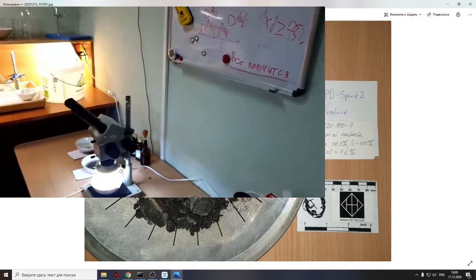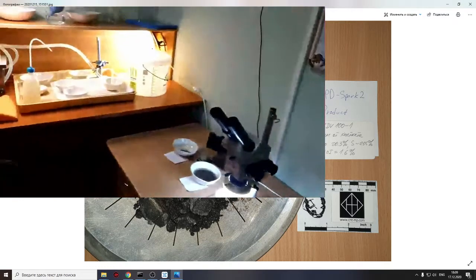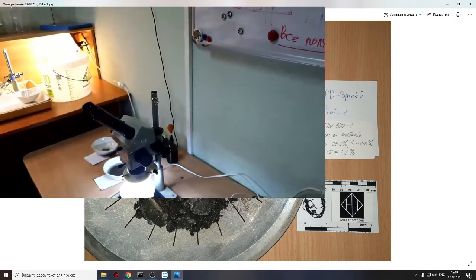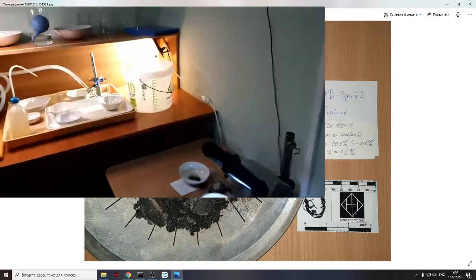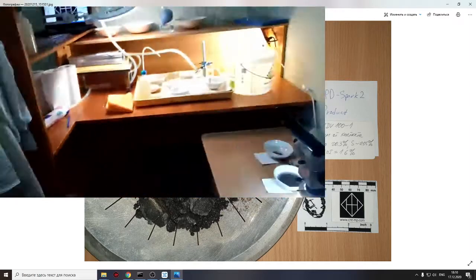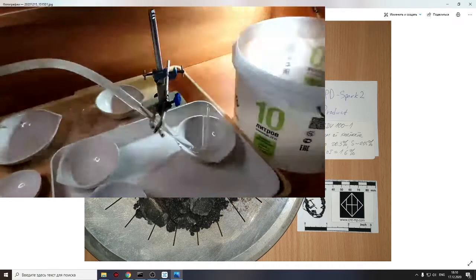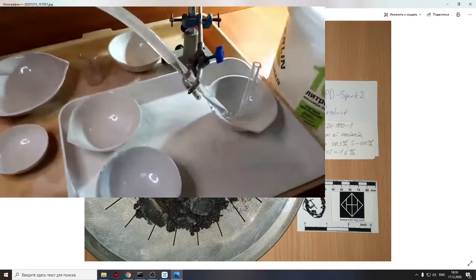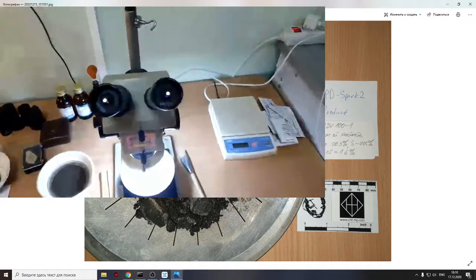We just finished the final fraction, the finest one, in which we are looking for monomineral grains of sulfide. Now we would like to see how many grains we have in our concentrate, and which fraction is the most productive for sulfides.